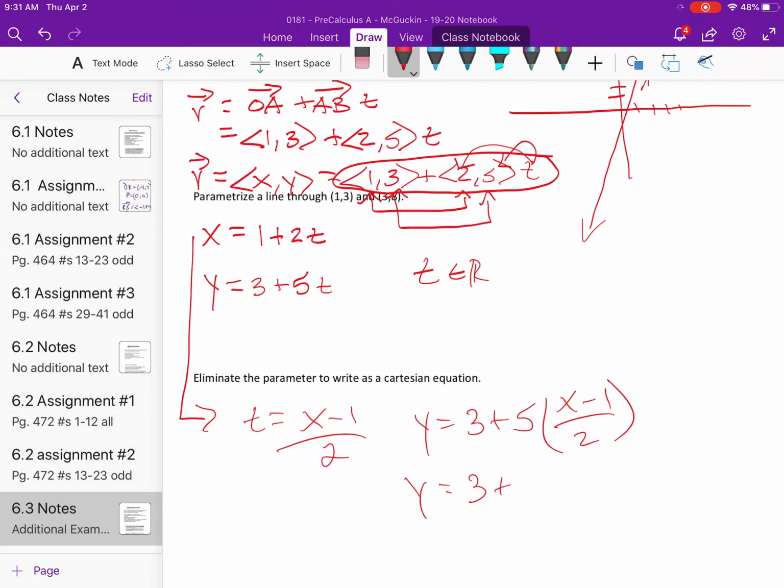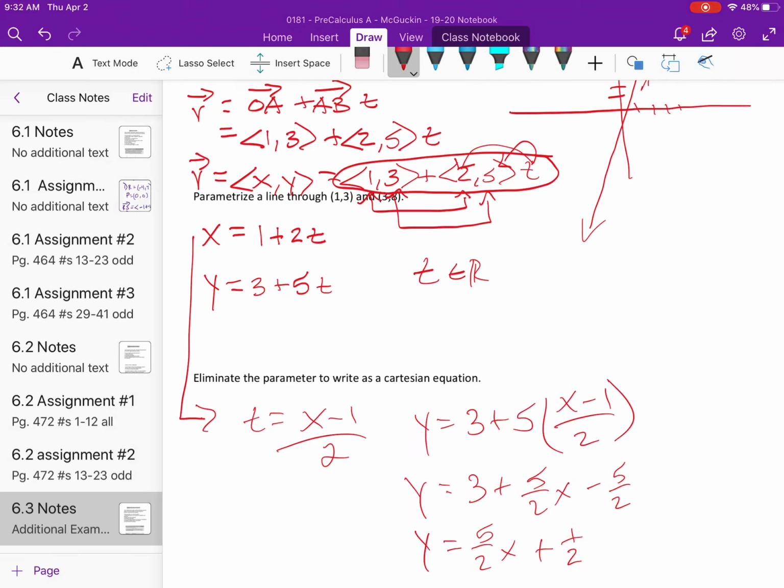To simplify that into slope-intercept form, we get 5 halves x minus 5 halves. Simplifying that out, we end up getting 5 over 2 x, and then 3 minus 5 halves will get us 1 half. And so that's how we can see that there.